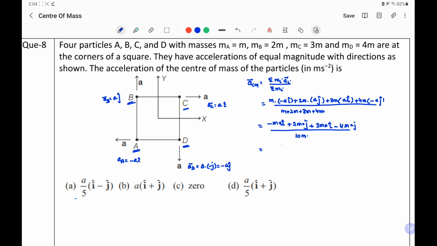It will be equal to, here m and a are common, so we take them common, remaining is minus i plus 2j then plus 3i and minus 4j, by 10m. m and m get cancelled, so it is equal to a by 10 into, and here it is 2i then minus 2j. 2 is taken common and by cancelling we will have a by 5 into i minus j. Hence option A is the correct option.